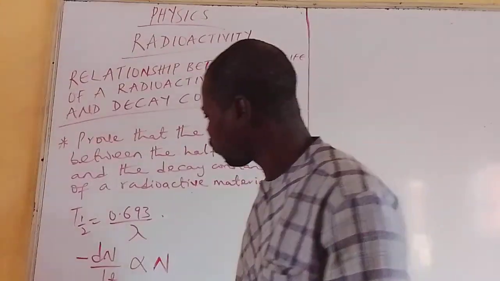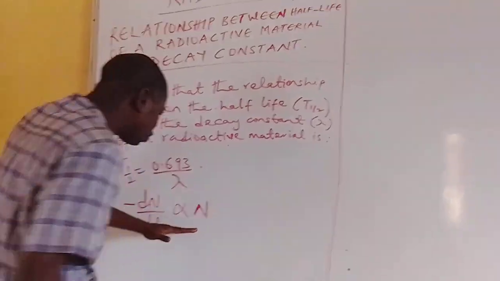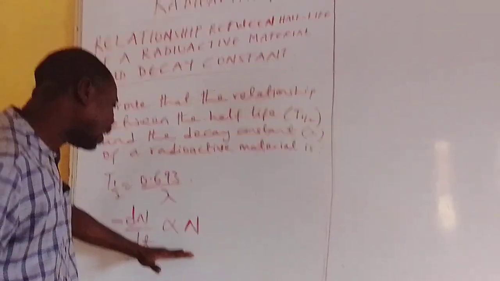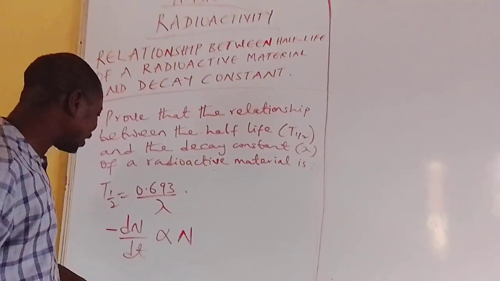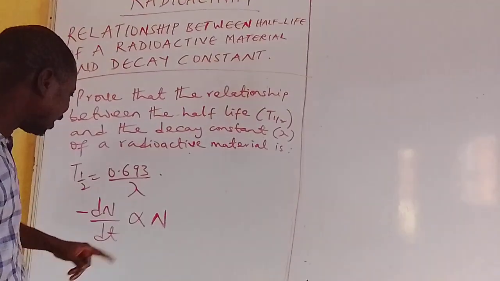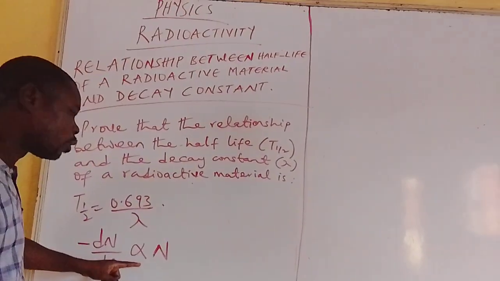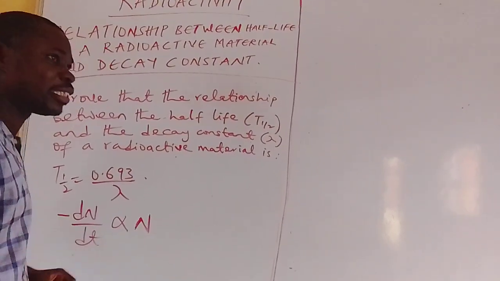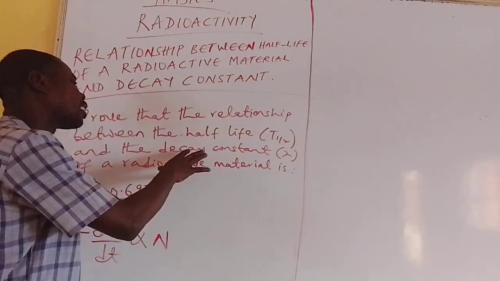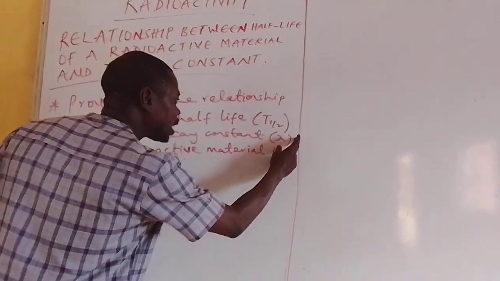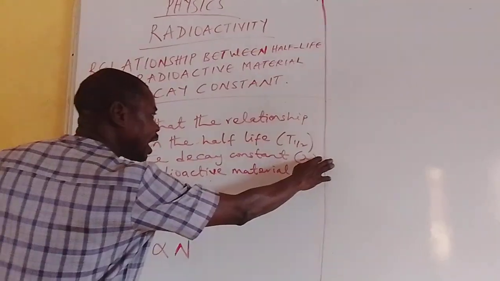Now, I will transform this by removing the proportionality sign. Mathematically, if I remove this proportionality sign, I will introduce an equality sign and a constant. That constant is what is called the decay constant, lambda. So this symbol is lambda.